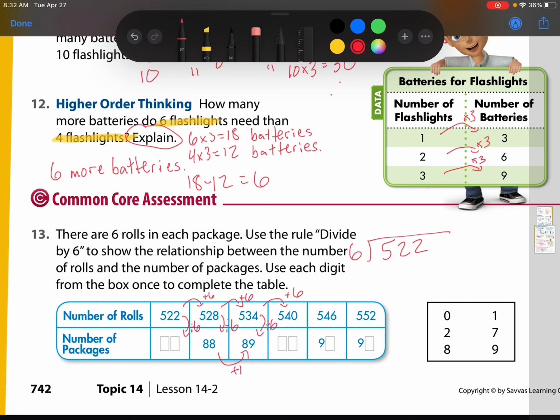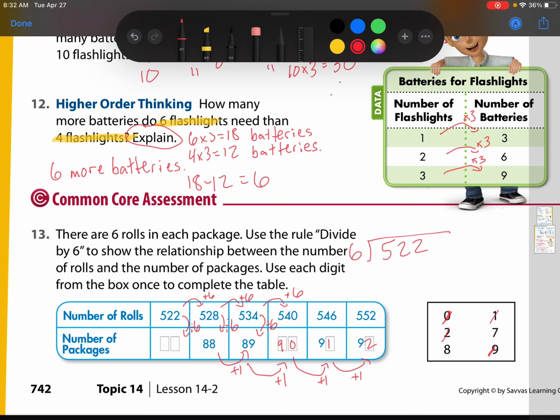It's that same thing, plus 6, plus 1 on the bottom. So here, plus 1 would be what? Well, that would be 90. And look, we have a 9 here and a 0 here. Then we have what over here? Plus 1. 90 plus 1 is 91. Plus 1. 91 plus 1 is 92.